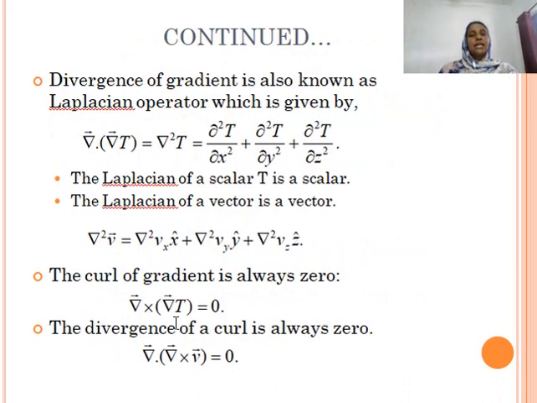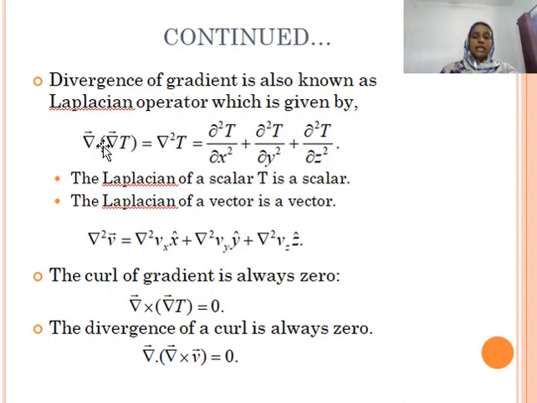Now the divergence of gradient is also known as the Laplacian operator. This is a very important operator. We use it often in our papers, not only in electrodynamics but in mechanics and various other papers. So the divergence of gradient is called the Laplacian.